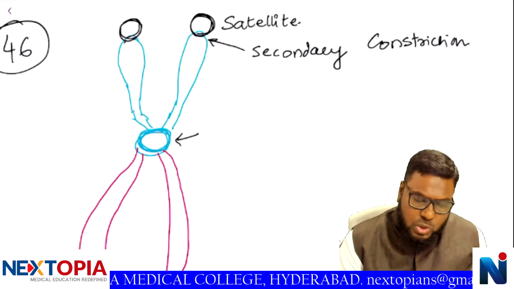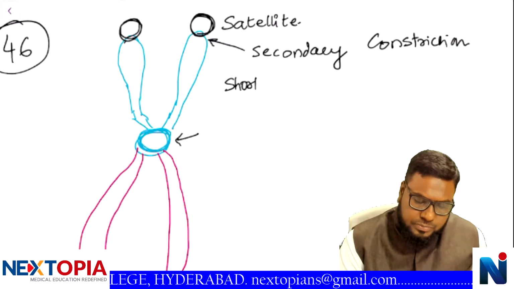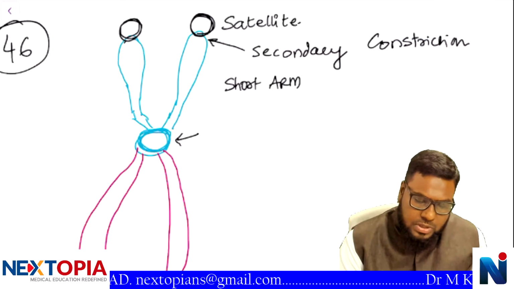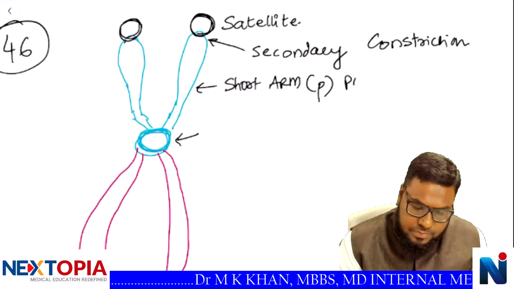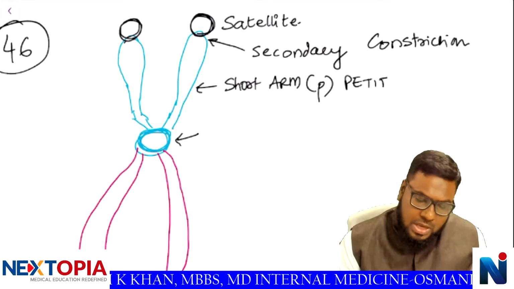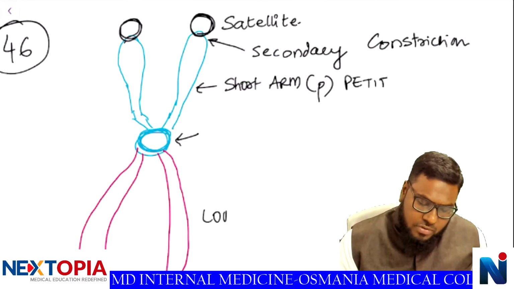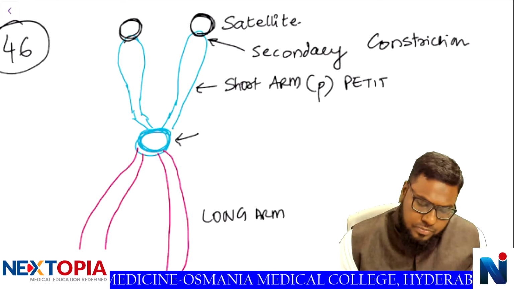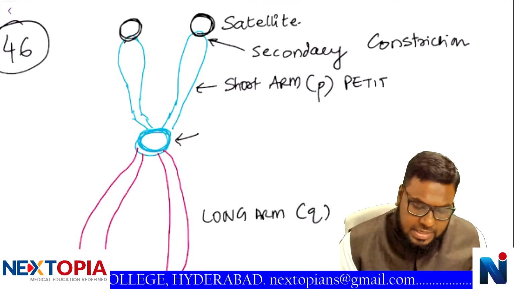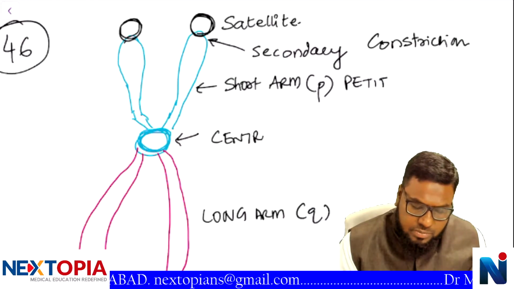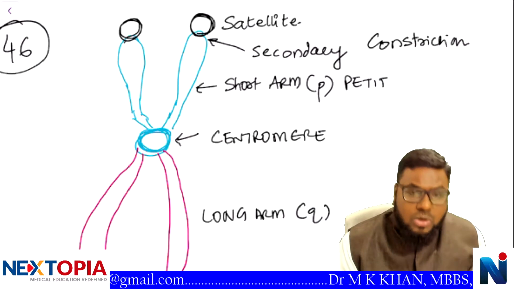The short arm is designated as P. P stands for petite. And we have the long arm of a chromosome, and in the center we have the centromere. So these are the portions of a chromosome.